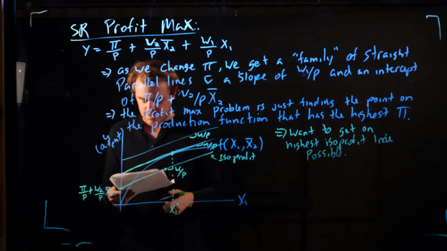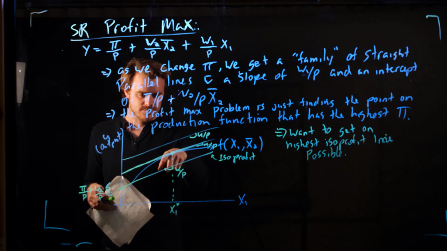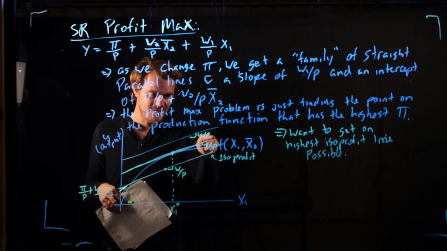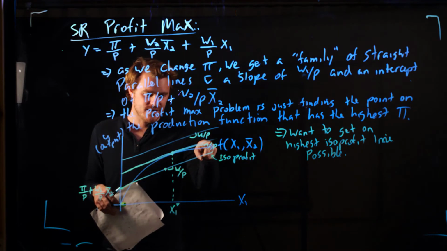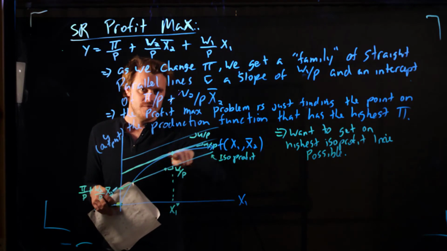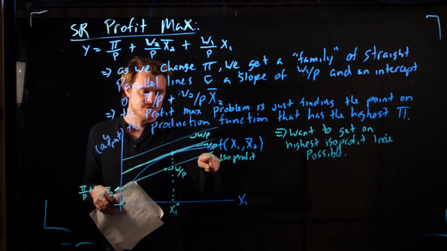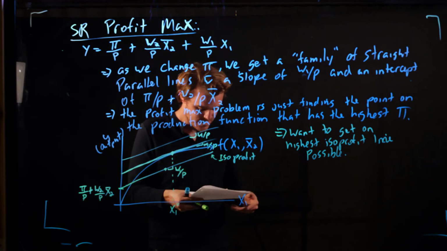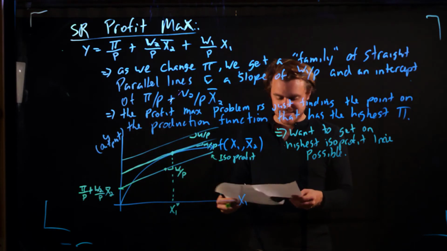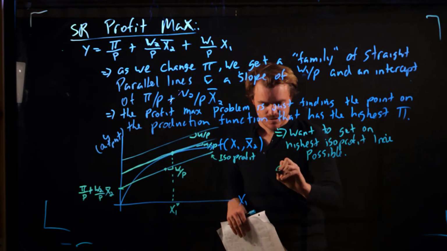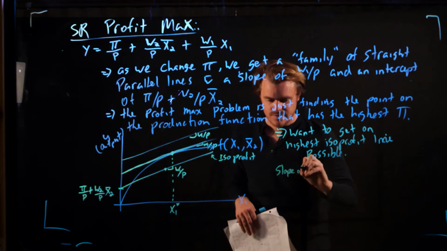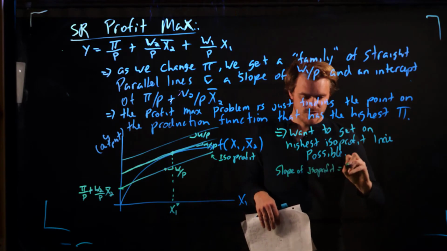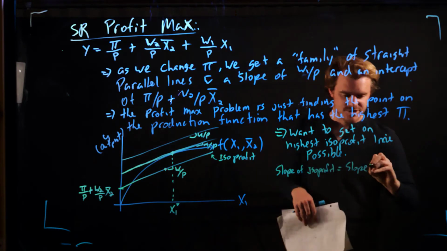Well, let's think about it. The highest one possible is going to be where the slope of this iso-profit line equals the slope of this production function. Well, what is that point? That point is exactly where the slope of the iso-profit line equals the slope of the production function.